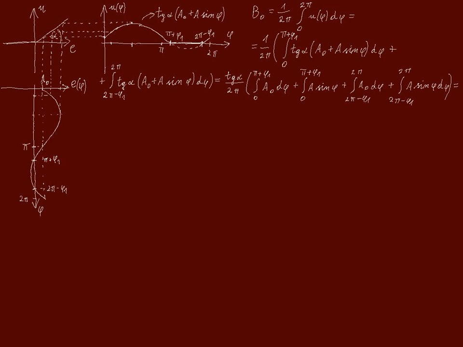A and a0 are constants, so we can take them out before the integral.